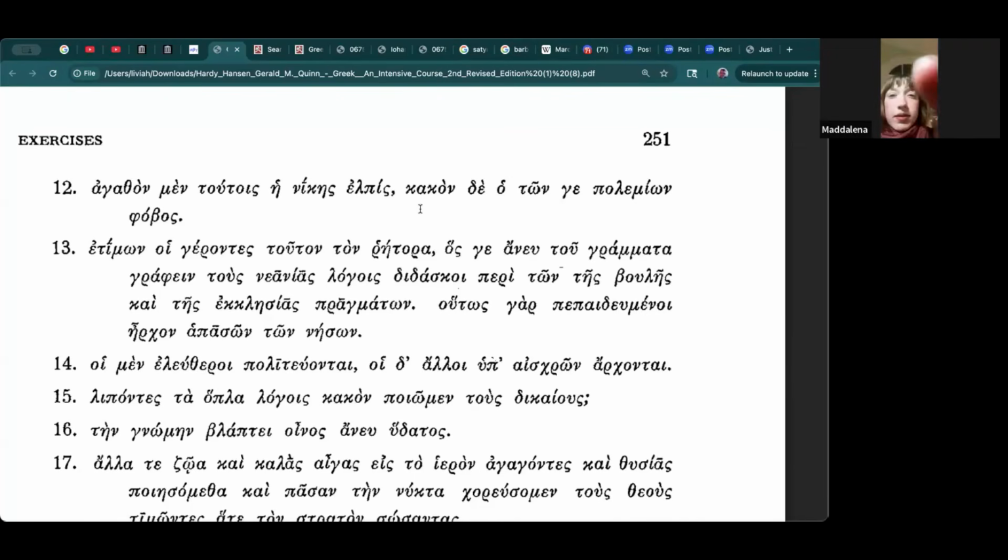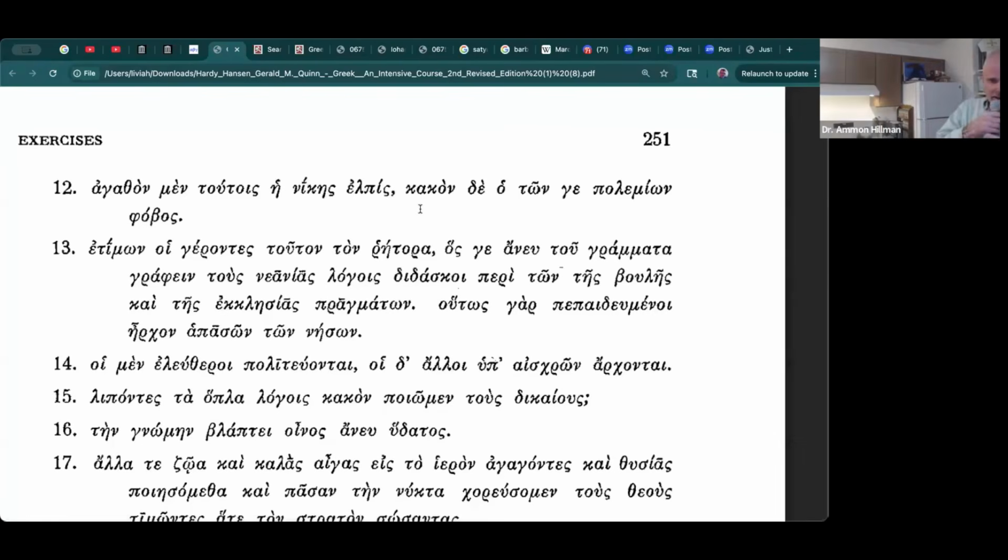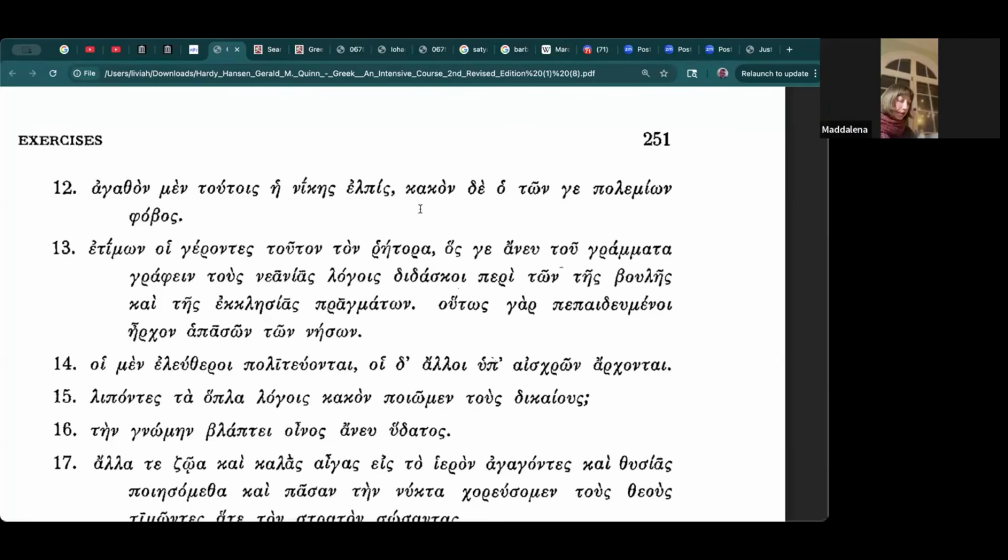Hold on a second. So it's to be then? Yeah, to be. So try to find the subject and then put an is after it or something.